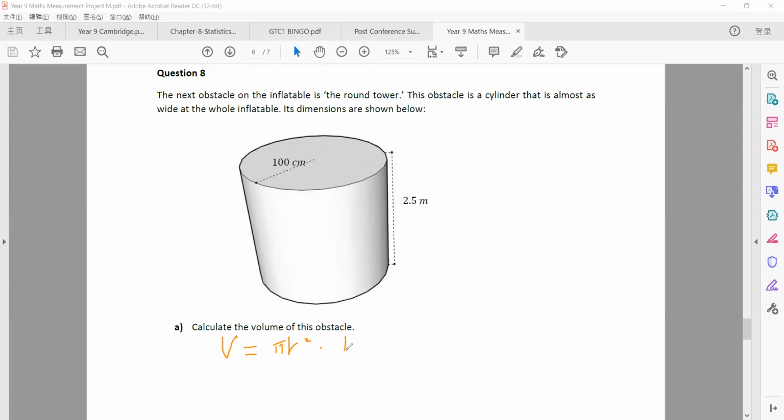The radius is 100 centimeters, but we want to use the same unit, so you need to change 100 centimeters to 1 meter. So 1 meter is your radius and 2.5 is your height. You substitute: pi times 1 squared times 2.5. Then you do the calculation and you get the volume.